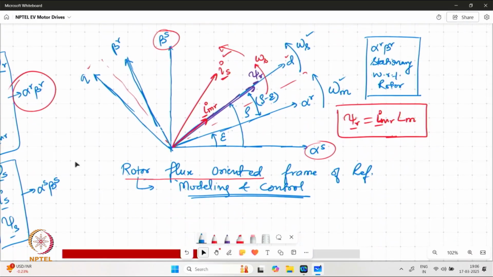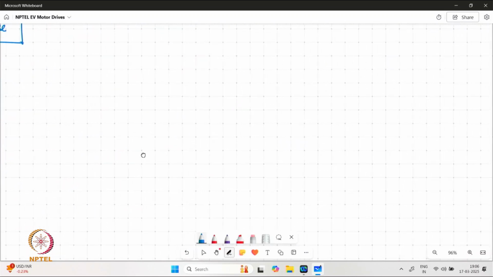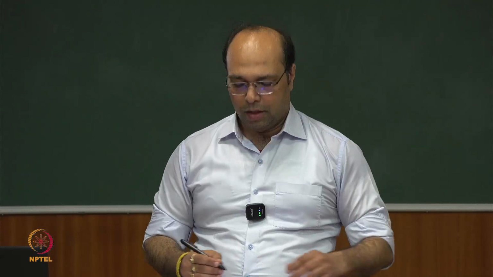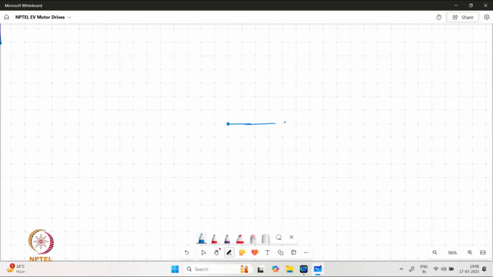Now going ahead, we need to see how the phasor diagram for the induction motor should be modified to include the other quantities which we have defined. So once again, we need to start with whatever is done. For example, we have started with psi m, and we have seen that the voltage vector which is responsible for generating psi m, which is Es, is 90 degrees ahead of psi m.